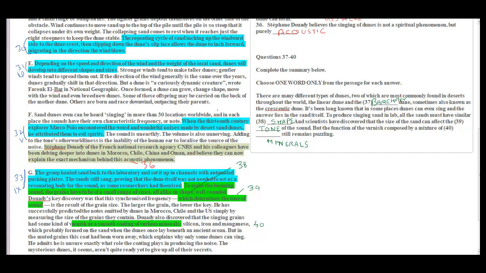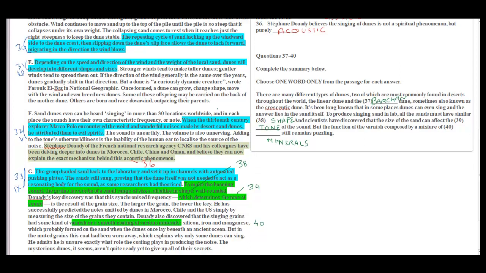Earlier it was given, as an indication, that when the 13th century explorer Marco Polo encountered the weird and wonderful noises made by the desert sand dunes, he attributed them to evil spirits. So earlier he thought the noises were due to evil spirits, but later, on studying the dunes more deeply, the exact mechanism was found, basically how the sounds are produced. So that is an acoustic phenomenon. So the 36th answer is acoustic.